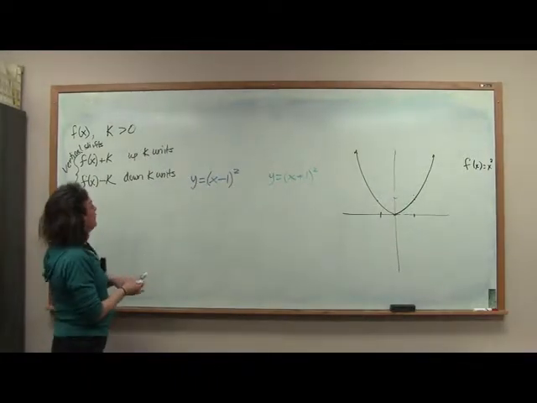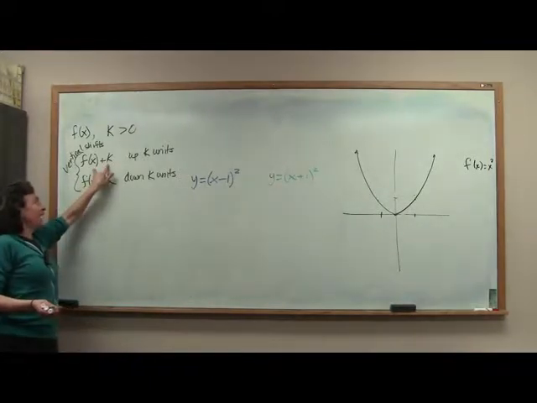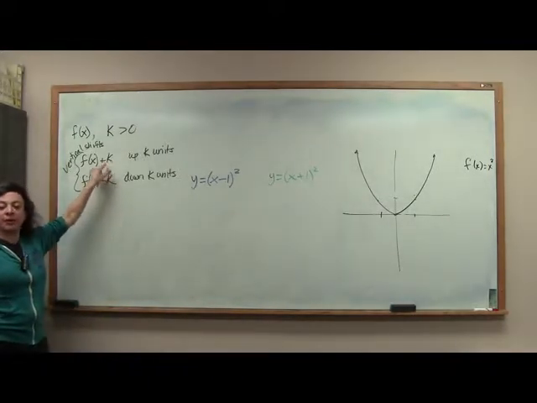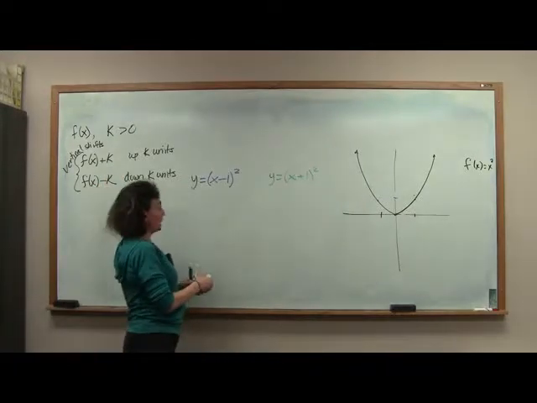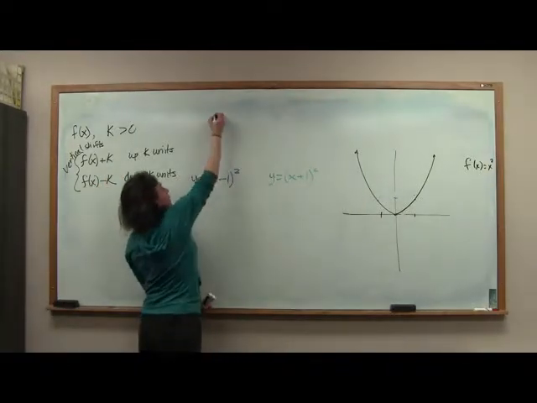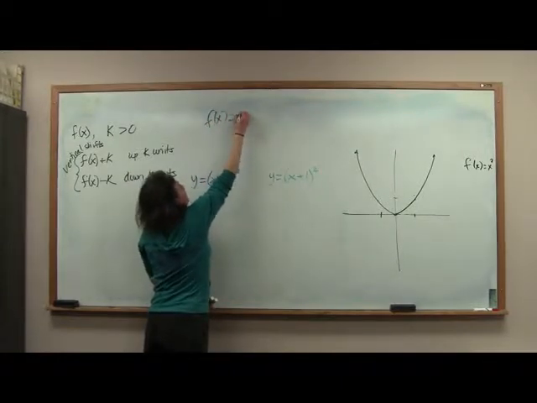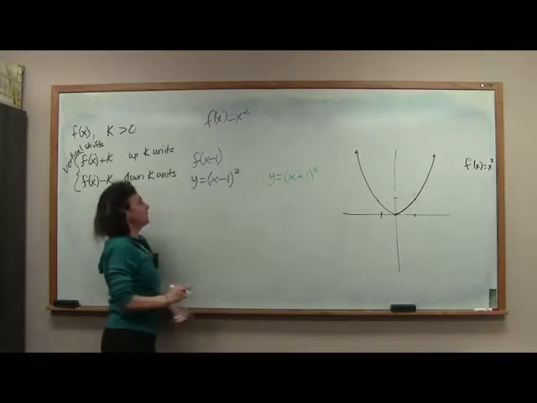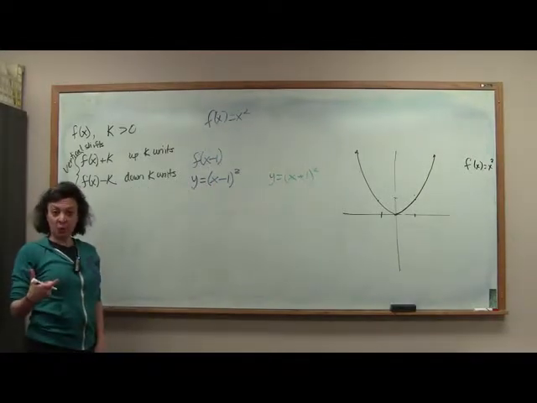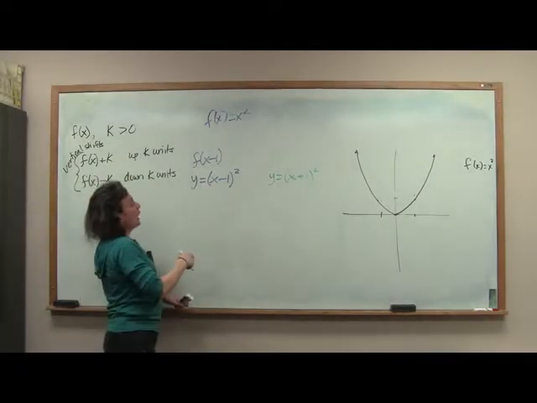Now, notice before what we were doing is adding or subtracting a number at the end of our function. I claim what we're actually looking at here, if my function is x squared, I claim this guy is f of x minus 1. Okay? How?